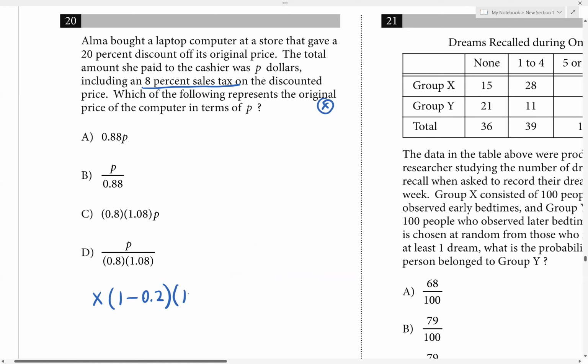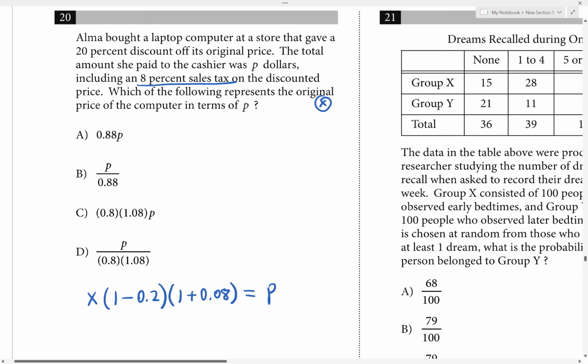So in decimal form, it's 1 plus 8%, converted to decimal, 0.08. So that's the second part, 1 plus 0.08. After both changes, this should equal the price that she actually paid, which is P. So we set this equal to P.